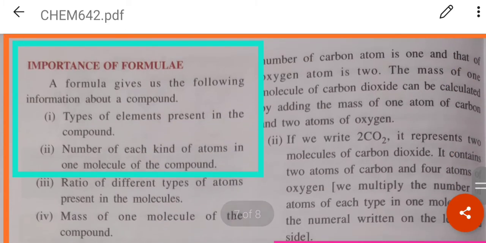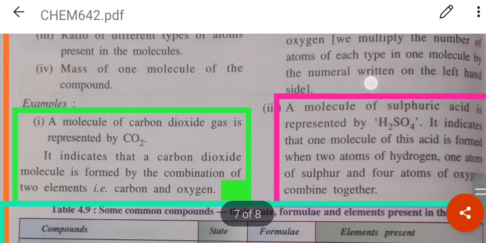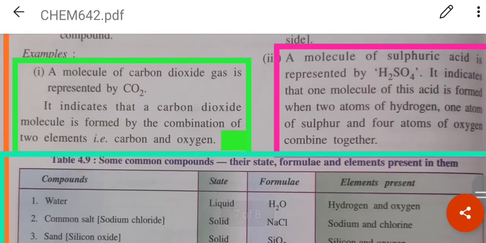Now what is the importance of formulae? It gives us the following information: types of elements present in a compound, and also the number of each kind of atoms in one molecule of a compound. For example, a molecule of carbon dioxide is represented by CO2. It indicates that a carbon dioxide molecule is formed by the combination of two elements, carbon and oxygen.